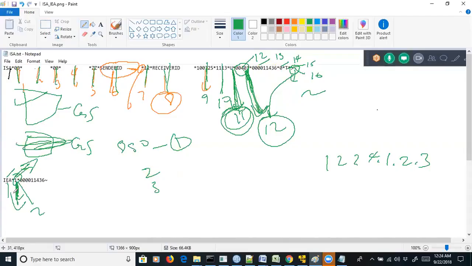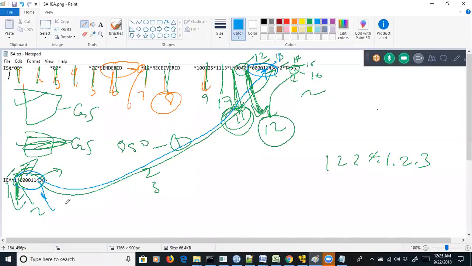The value here is 1. Next is your control number. The control number in the trailer should exactly match the control number in the header. I have already explained the control number, but the control number in the trailer should always match your header. So if the control number in the header is 1, here it should also be 1. So this is your ISA, I mean IEA.